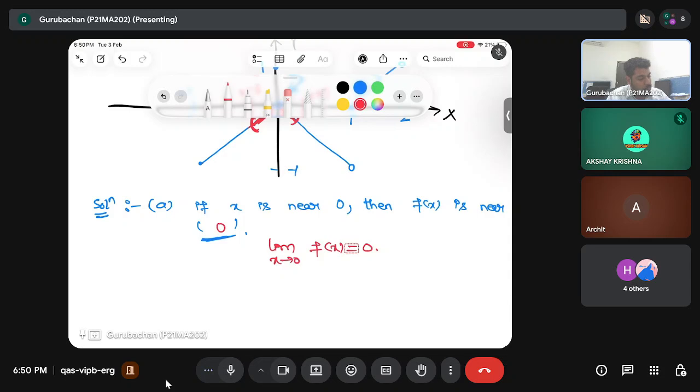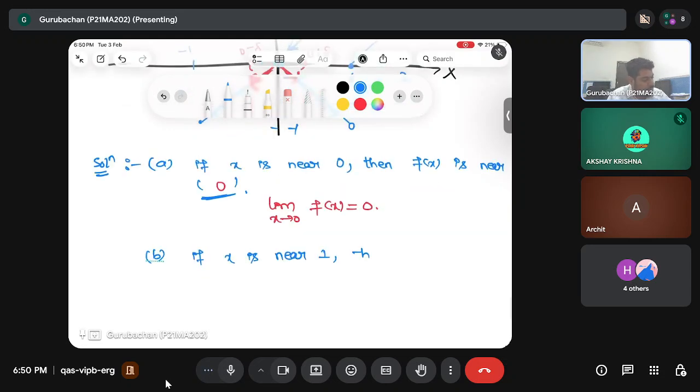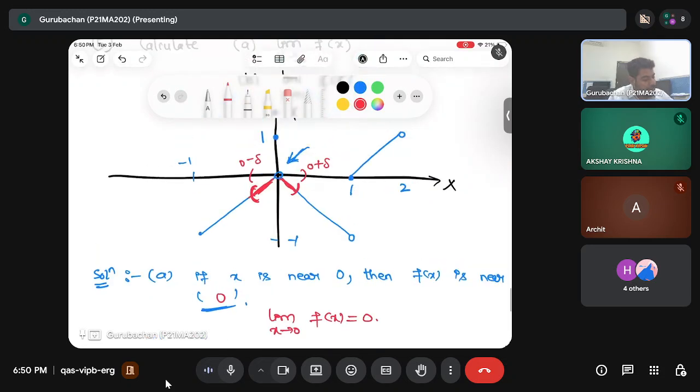In the same way, if you have to talk about 1, then if x is near 1, if you see from the left hand side, that is, this is your 1 minus delta and 1 plus delta. From this to this, it is going to where? Negative 1. But from here, it will go to 0.